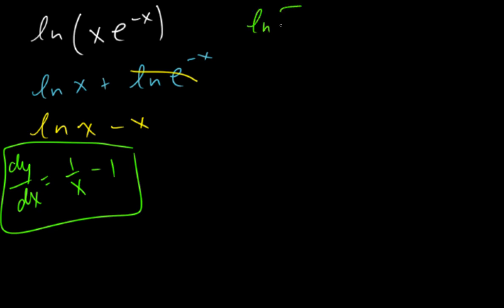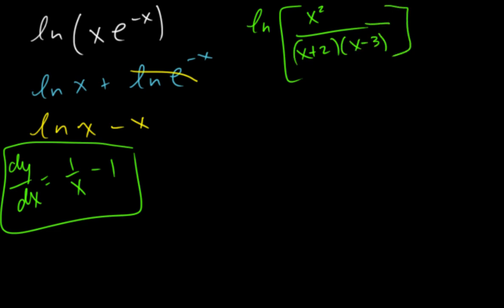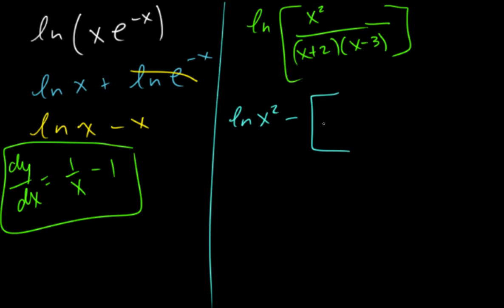Alright, next one looks like this. So once again, we're not going to start with our derivative. We're going to start with our log rules. So natural log x squared minus natural log x plus 2 x minus 3.